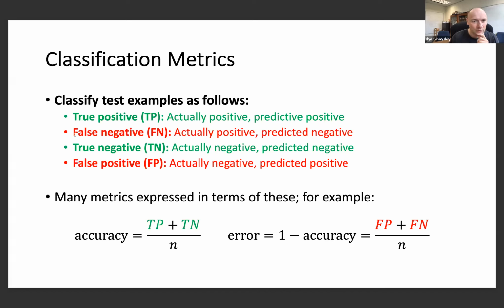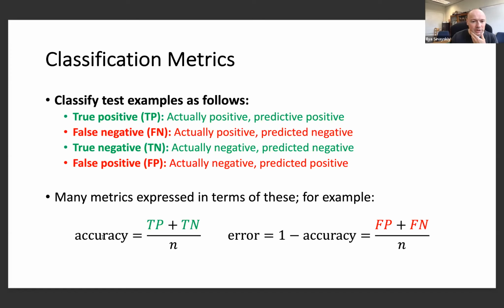False negative means that, for example in the binary case, you have class 0, but your model predicted class 1. True negative means it's negative class and predicted negative, and false positive is actually negative but predicted positive. So it's like a 2x2 matrix.